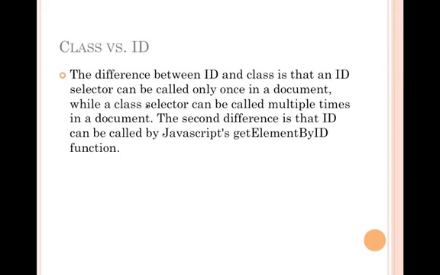What you'll find in general is that you'll always use classes. The only reason you're going to use IDs is where you're going to specify a region on a web page. In the second part of this lesson, we're going to get into how to specify regions and create layouts using cascading style sheets.